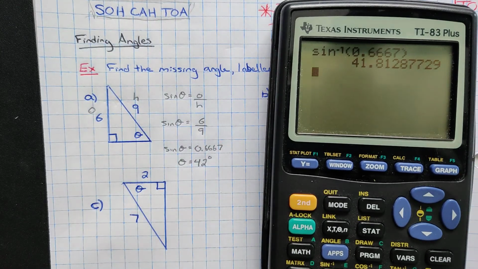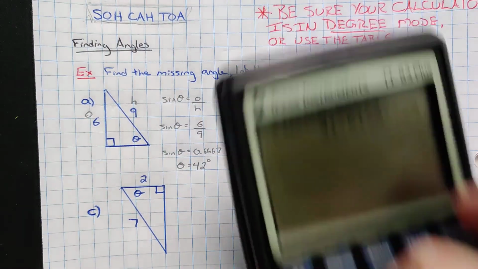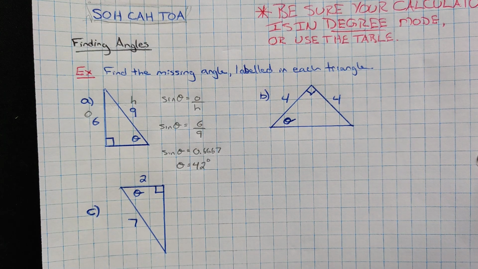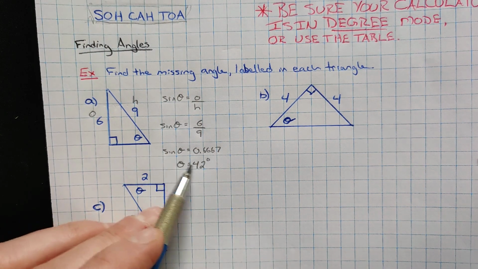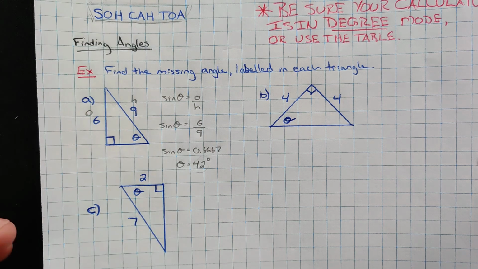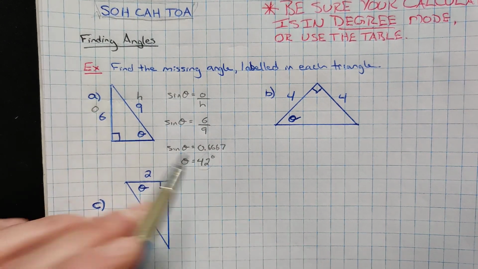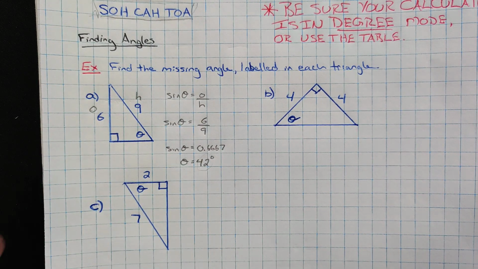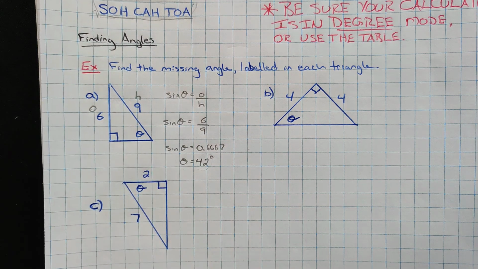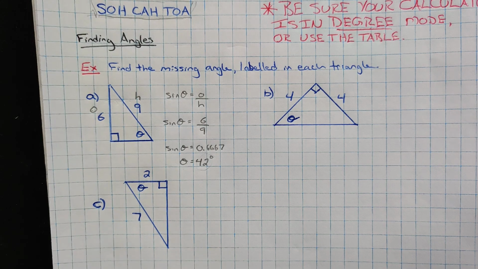So 42 degrees is my angle. Notice, now that I've pressed my second sine, I don't write sine anymore. I found the angle, I just write theta. If you write sine theta equals 42 degrees, that is incorrect. Once you've pressed that sine to the -1 part, and got that out, you get your angle.